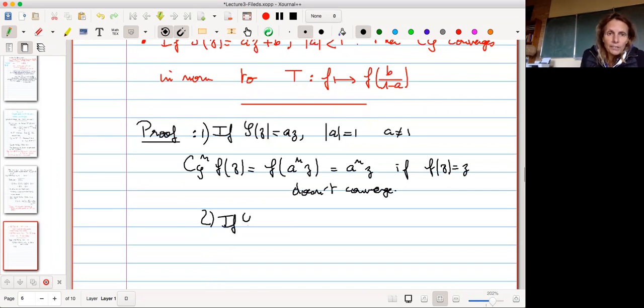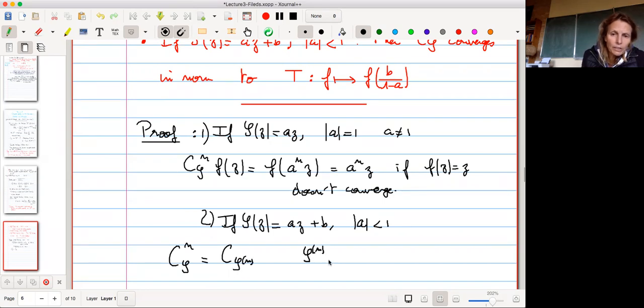So more interesting is the other one. So assume that we have AZ plus B. And C phi to the n is C phi n, where the iterate of phi is just a to the n z plus b times 1 minus a n over 1 minus a.